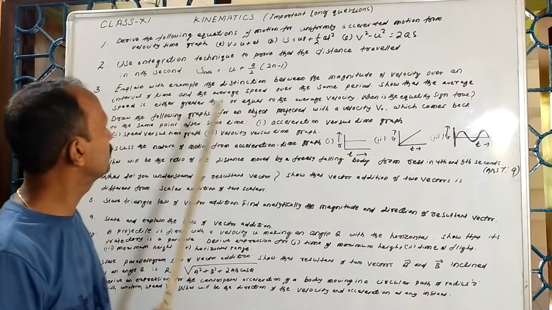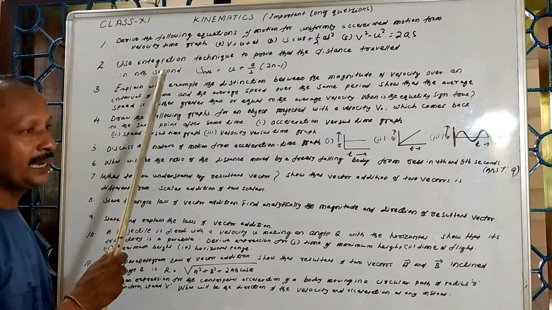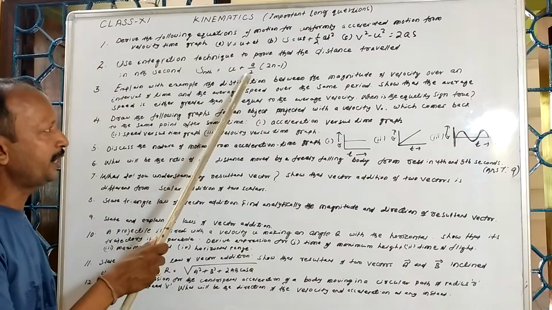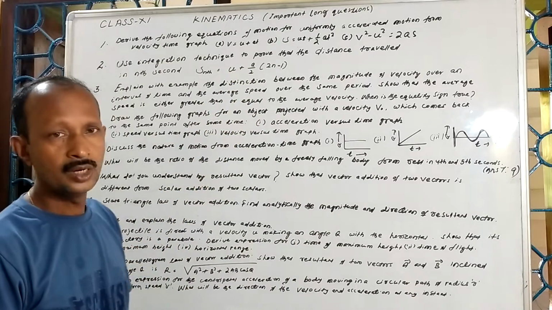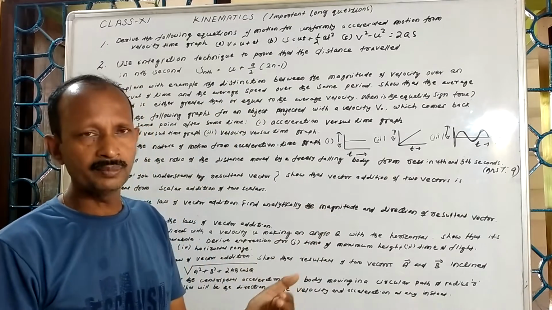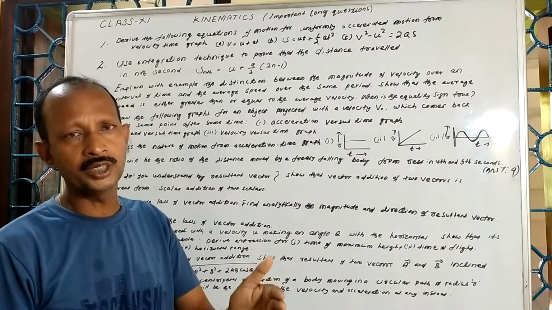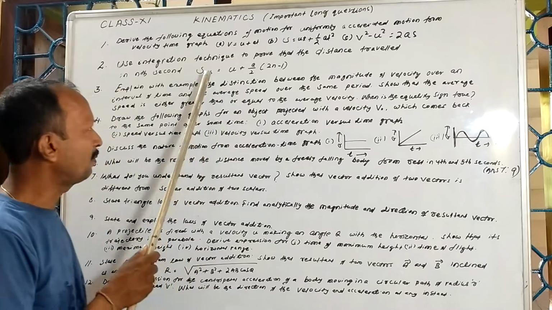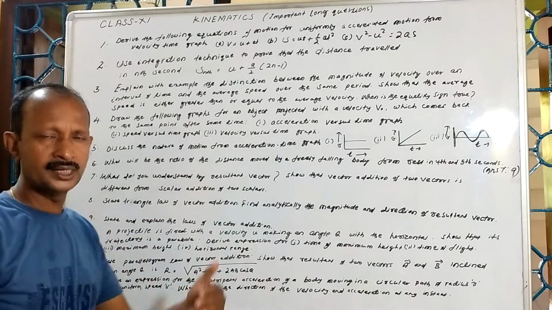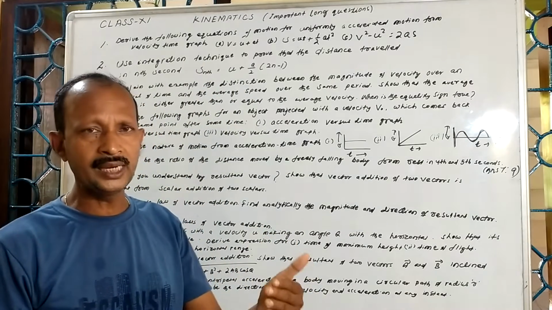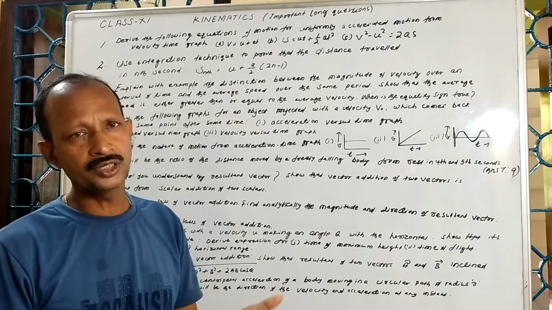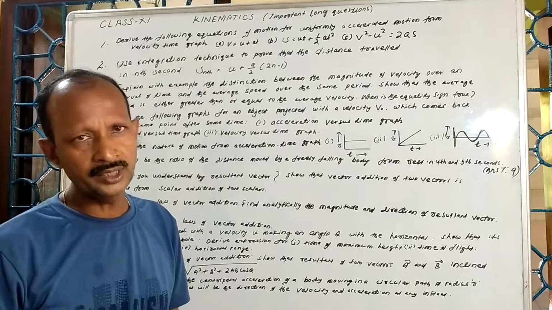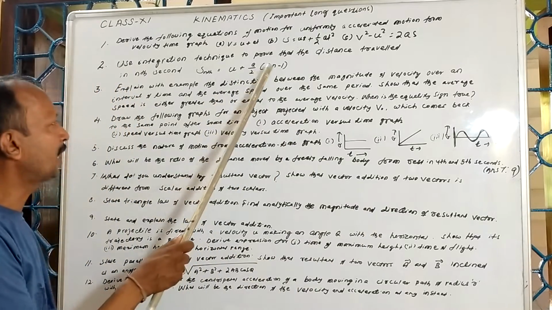The distance travelled by the body in nth second is s nth equal to u plus a by 2 into 2n minus 1. You can derive this by using the equation s equal to ut plus half at square. Distance travelled by a body in nth second means distance travelled in n second minus distance travelled in n minus 1 second. By using that concept, you can derive this.